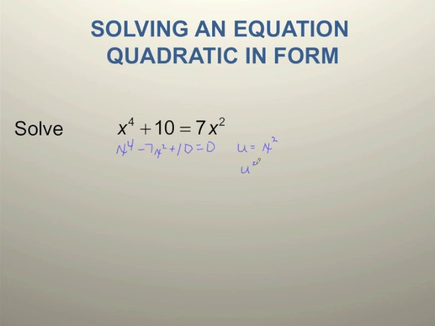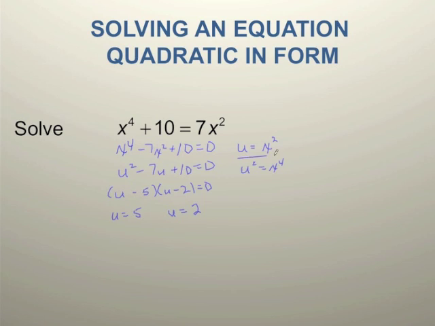That means u squared equals x to the fourth. So I'll put u squared minus 7u plus 10 equals 0. We know how to solve this. It will be u minus 5 times u minus 2 equals 0. So u equals 5 and u equals 2.